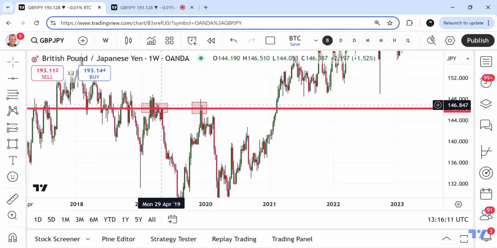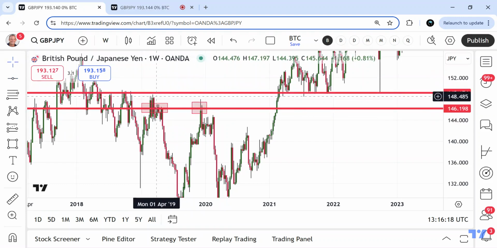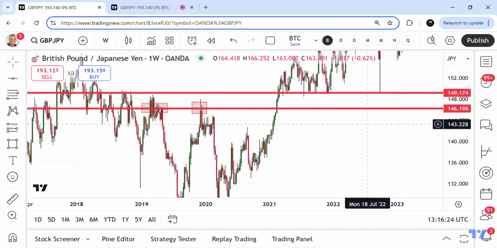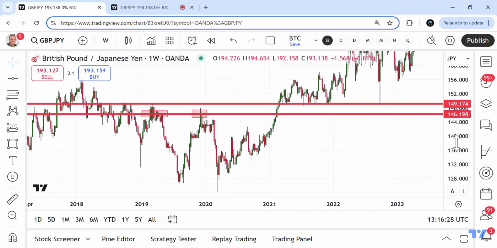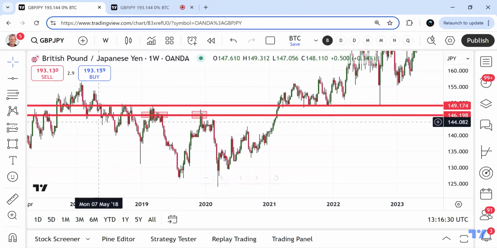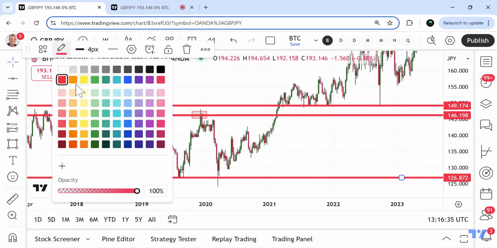Once you sell, where would you put the stop loss? You just put it above the previous high, which was 149. So you just go a touch higher just to make sure that you don't get kicked out of the market. And then from there, you short that position, and you would have made a decent penny as it went back into support.